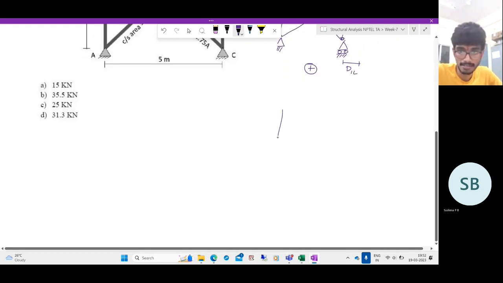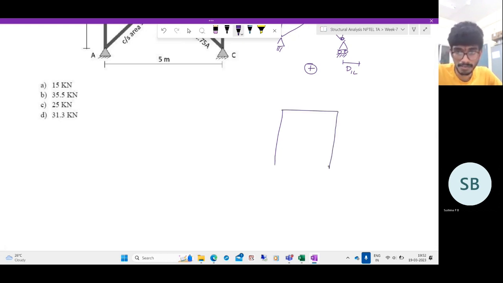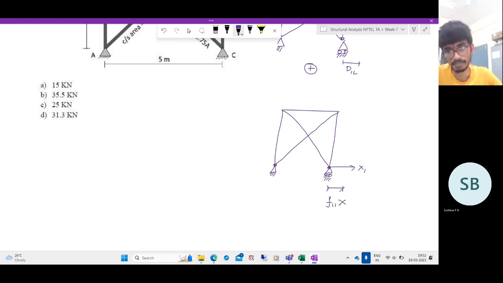So let us assume the unknown reaction force to be x1, acting in this direction. And the resulting displacement will be F11 times x1.